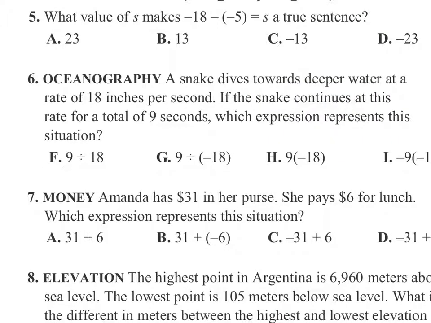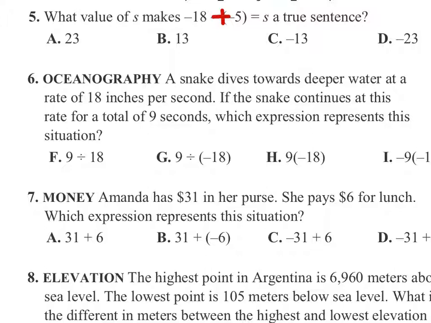Number 5 is just asking you to solve that expression, by the way. So 18 minus -5, you can just turn that into a plus sign. So it's -18 plus 5.